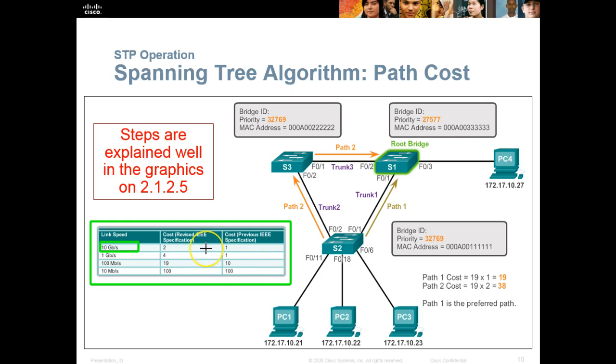And this is how the root bridge rates the links between the switches, and then assigns value, and then determines which port should go down. So in theory, the slowest ports are in the blocking state. All right. The steps for all of this are on 2125. Pay attention to it when you get to that point in the curriculum.